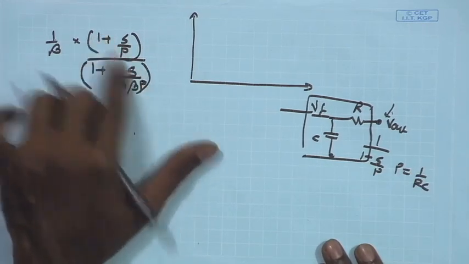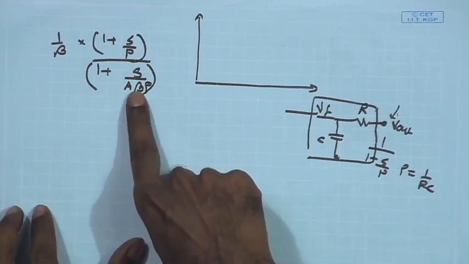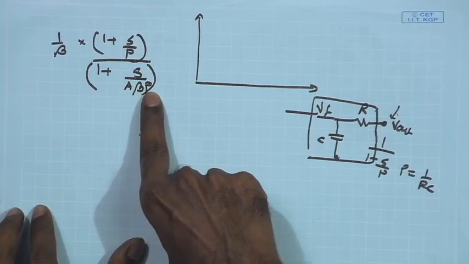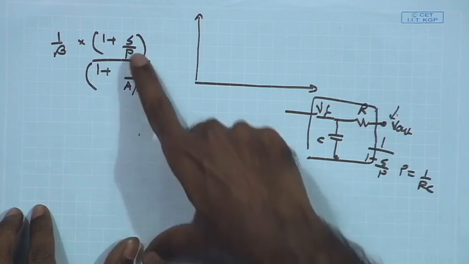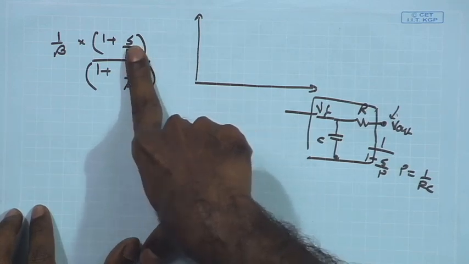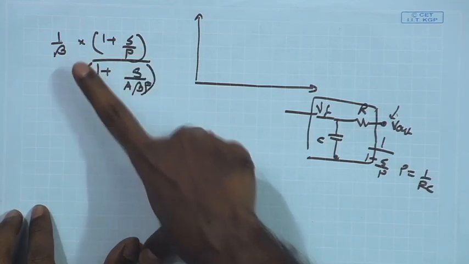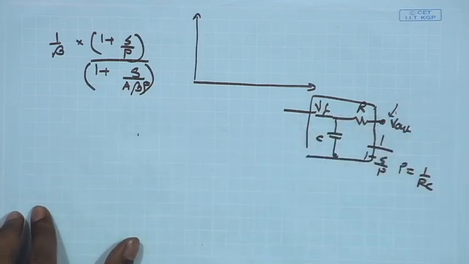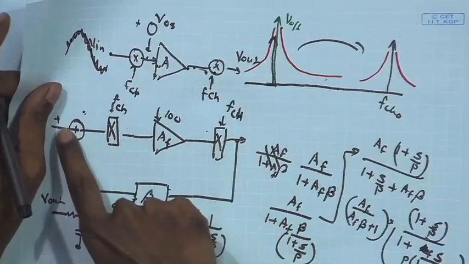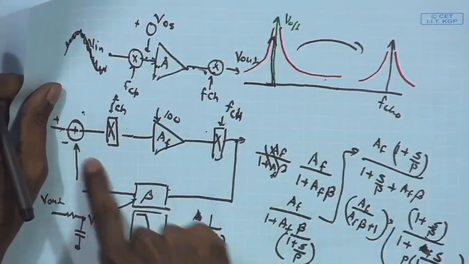Now, if I look at these two transfer functions, what is the overall behavior? AF beta times p is lying at much higher frequency. When you have omega much lower than p, the overall gain for the low frequency signal from input to output, for the low frequency dynamic offset, is going to be 1 upon beta.